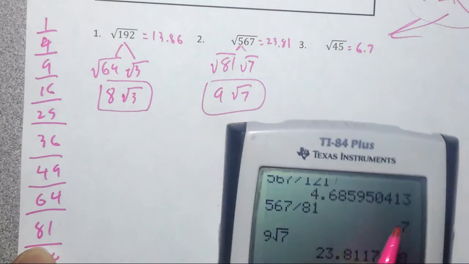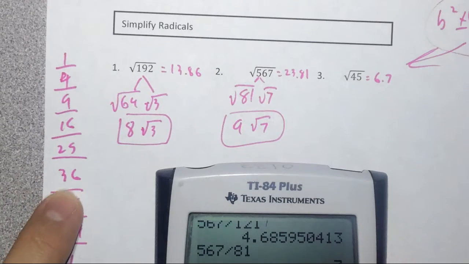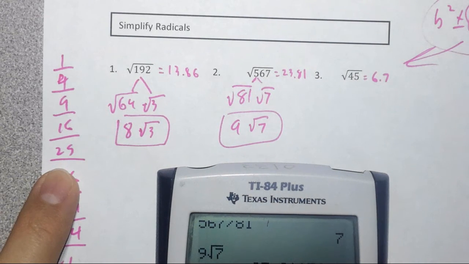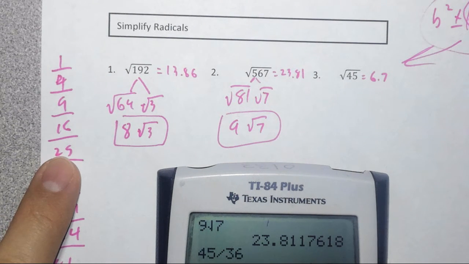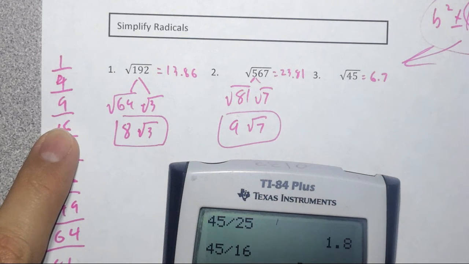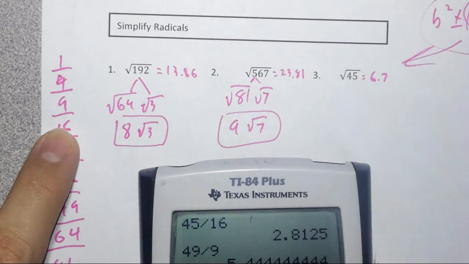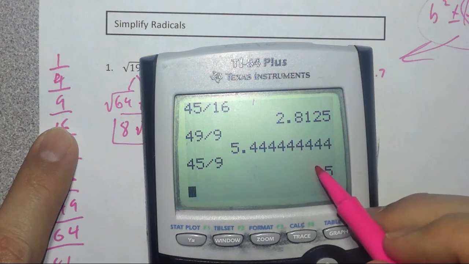Last one, 45, probably the simplest of them all. Probably should have put that one first. We can start over here at 36. 45 divided by 36, no, decimal. 45 divided by 25, no, doesn't work. 45 divided by 16, no, doesn't work. 45 divided by 9, oh look, it's 5.